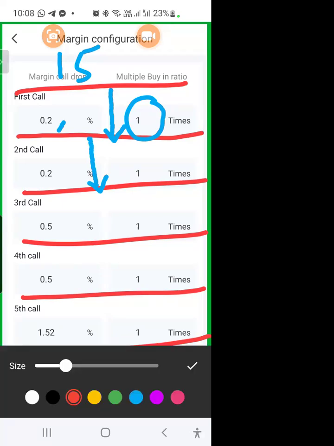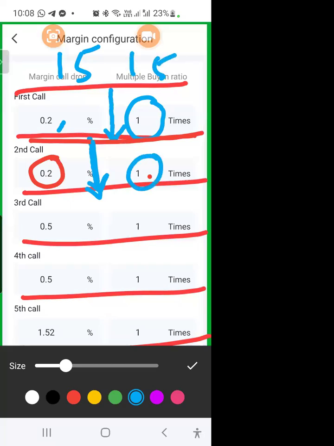When it touches here, then the next thing, this should fall again by 0.2 in order to expose this money. Therefore, if it falls again by 0.2, it will put in $15 again one time. Again, if it continues falling by 0.5, it will put in $15, here $15, here again $15.